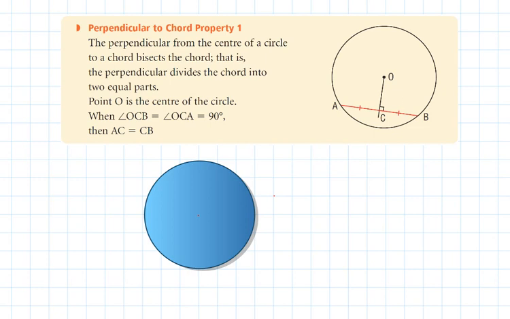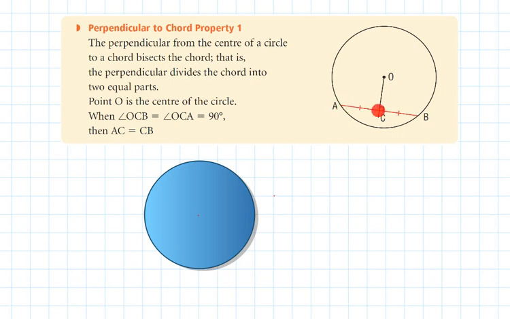Okay, the chord bisects that in perpendicular, divided into equal parts. So point O is the center of the circle. So when angle OCB equals angle OCA, if those angles are the same and equal 90, then AC equals CB.